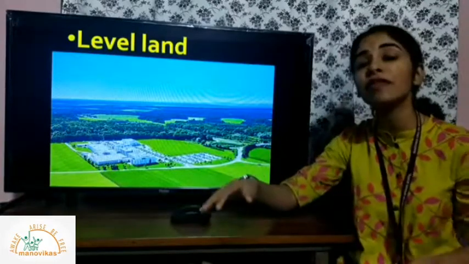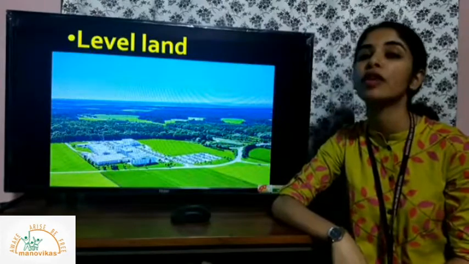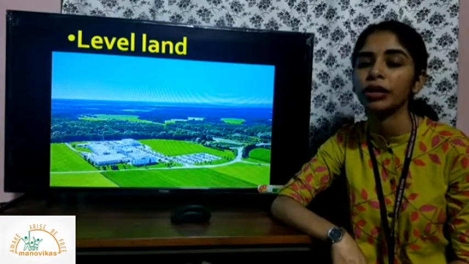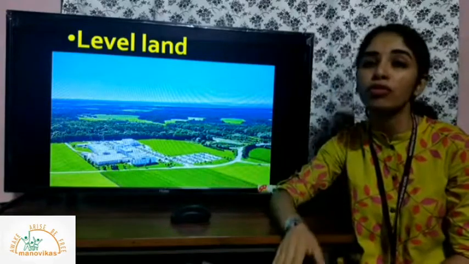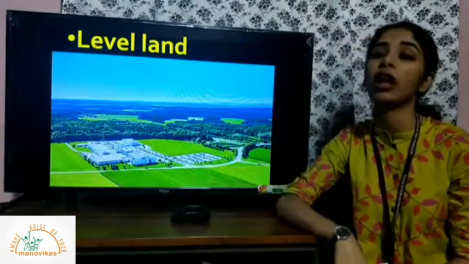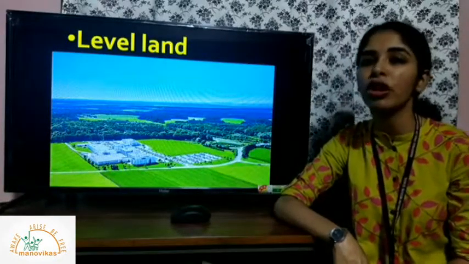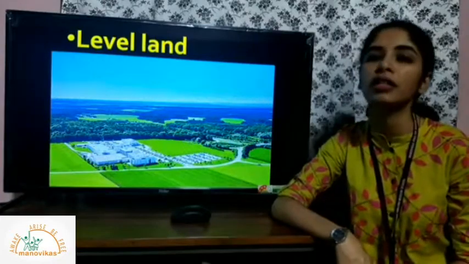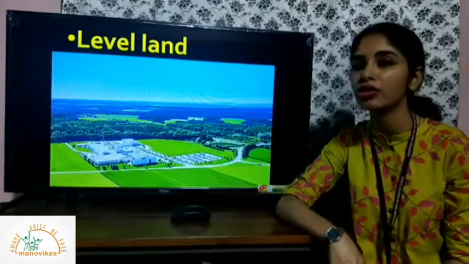An extensive plain area would be very helpful for the development of an industry. If the area is highly dissected, if there are many mountains and many hills, then building an industry at that location would be very difficult, isn't it? So because of that, a large scale level land is required.